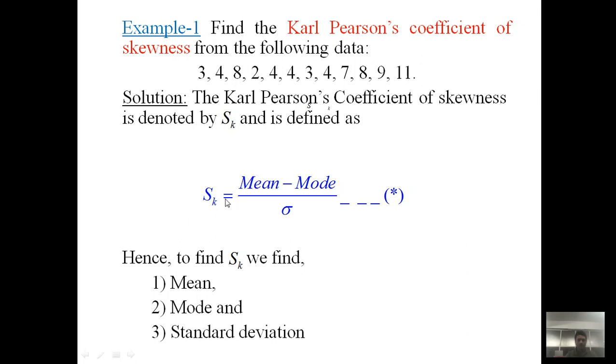So we have to find three quantities: first the mean, second the mode, and third sigma, the symbol of standard deviation. Ultimately we have to find all three one by one.